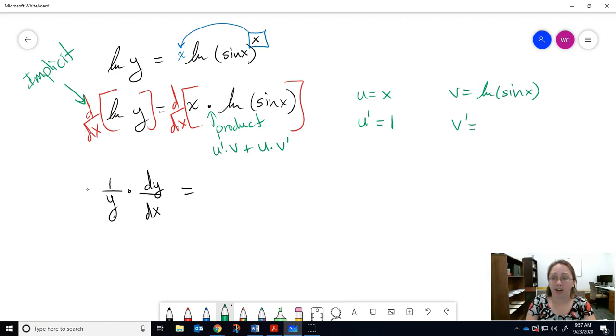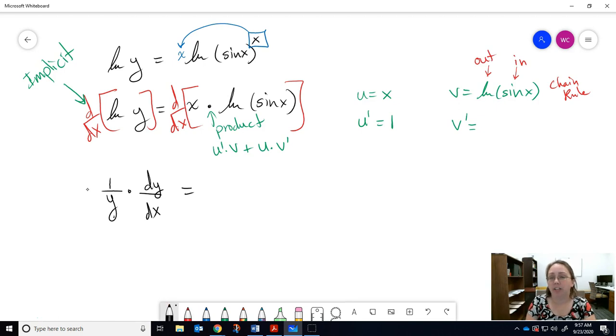All right, hopefully you tried. The derivative of ln of sine of x. What do we need here? Well, we have two functions, so we need the chain rule here. The outside function is the ln, the inside function is the sine.